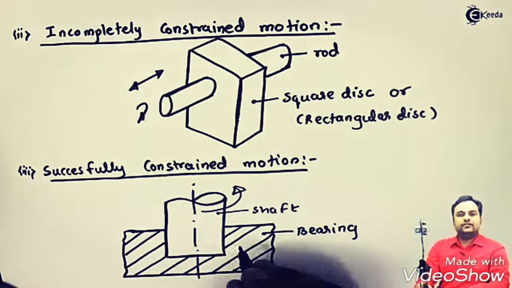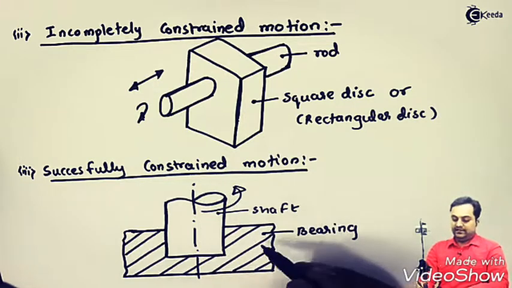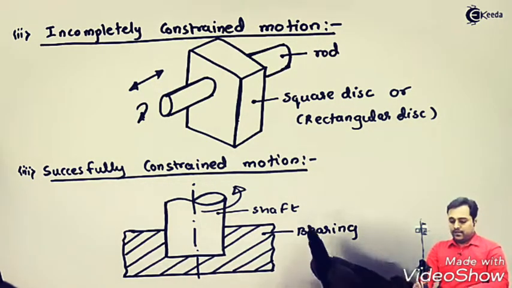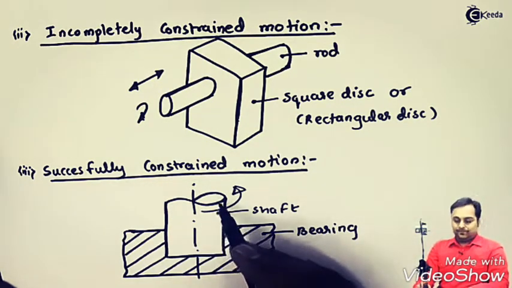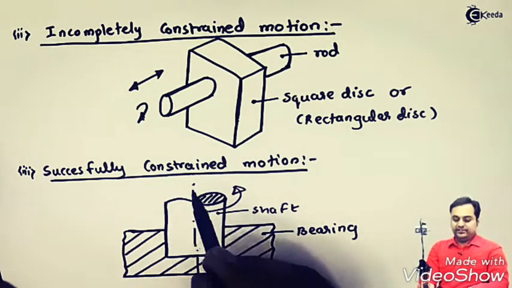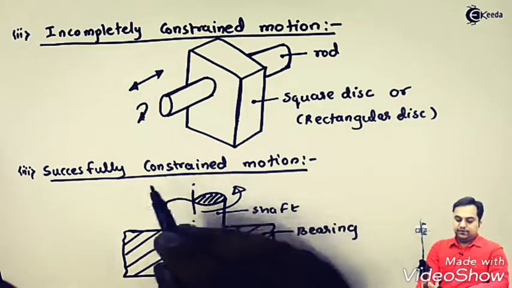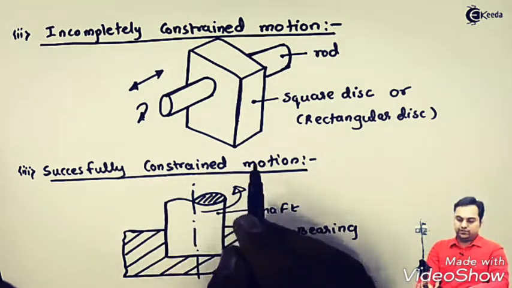So this becomes a footstep bearing where we have a shaft which is rotating inside a bearing. Now as we see here, when the shaft is rotating, there is a possibility that the shaft can even move up. So it is an example of incompletely constrained motion.